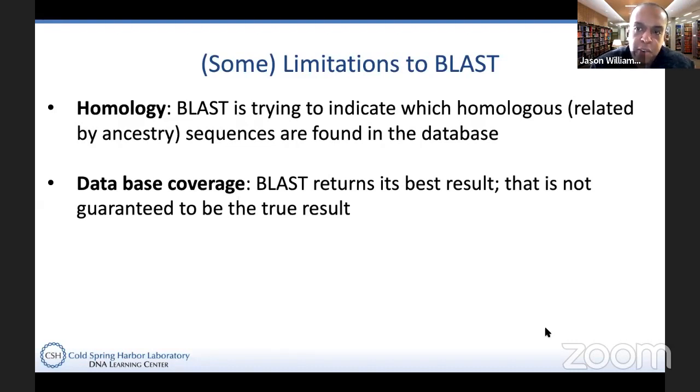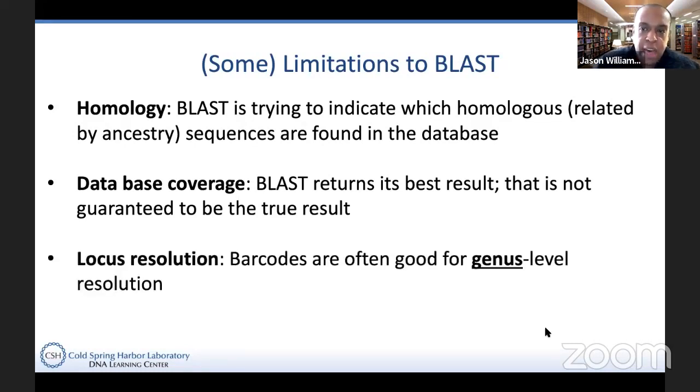So if the species you're looking for is not in the database, but a closely related species is, well, BLAST will give the closely related species as the hit. So if I tell you that I want bananas, and you come back to me with an orange, well, if you have no other fruit in your kitchen, an orange might be the closest thing, and I'll just have to live with that. It's not a banana. So BLAST will always find the best possible match, but it's not guaranteed that that is a true match.